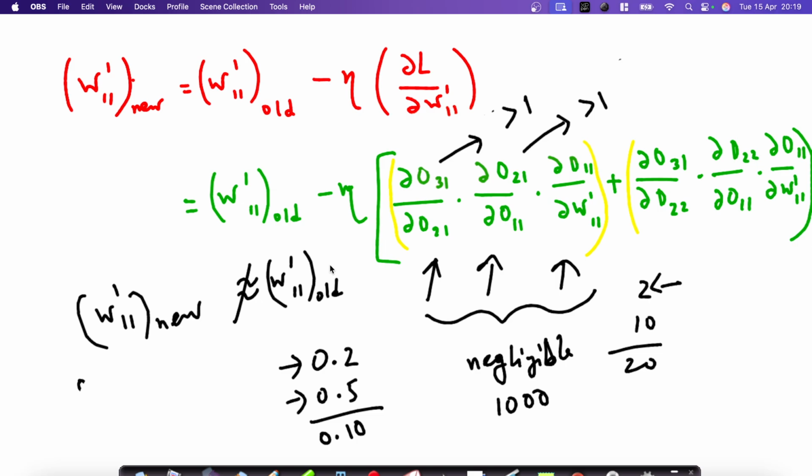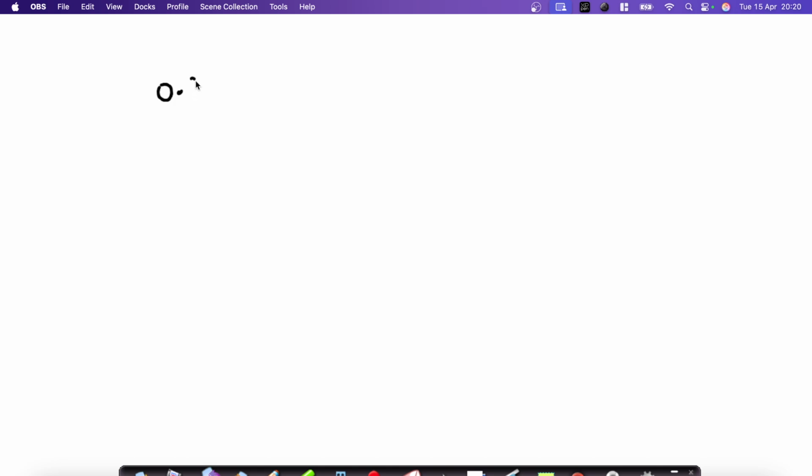Here also the reason is the activation function, which has an inherent property that its derivative value is greater than 1. That is why we'll have the problem where the new weight value will be much different than the old weight value. Let me take an example. In case of the vanishing gradient problem, let us say the original weight was 0.2. Let us say this is W111.